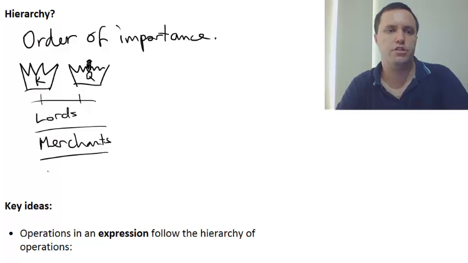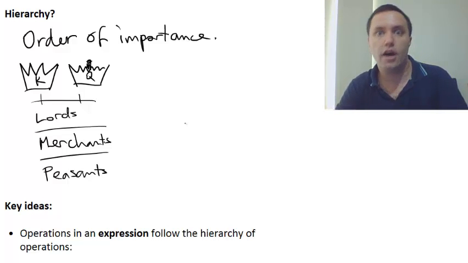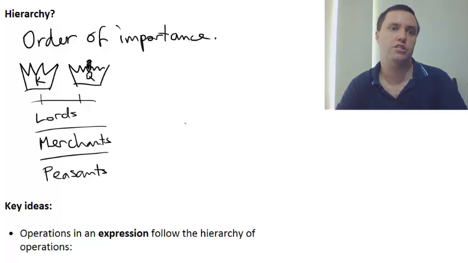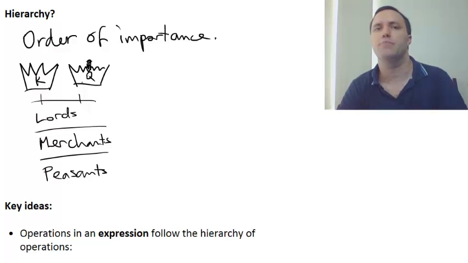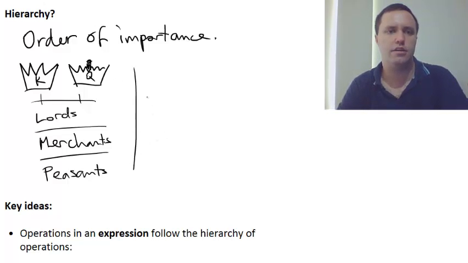And then under the merchants, you might have the peasants. So this is a feudal hierarchy, from back in the Middle Ages, and not all that long ago actually. We've got kings and queens at the top, they're the most important. Then we've got the lords, the next most important. Merchants are the most important after that, and then peasants are the least important. So that's what we mean by hierarchy. This here is a hierarchy.